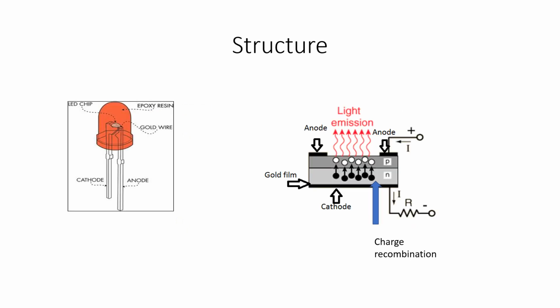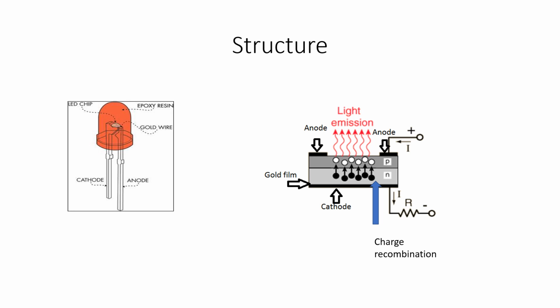Now you can see the structure of the LED. LED consists of a PN diode and two electrodes. The PN diode is represented as an LED chip, and the two electrodes are represented as a cathode and an anode.